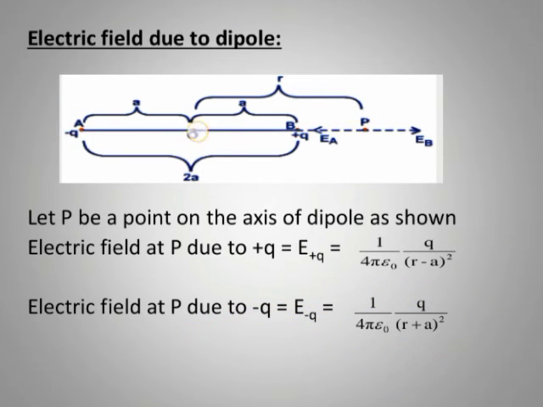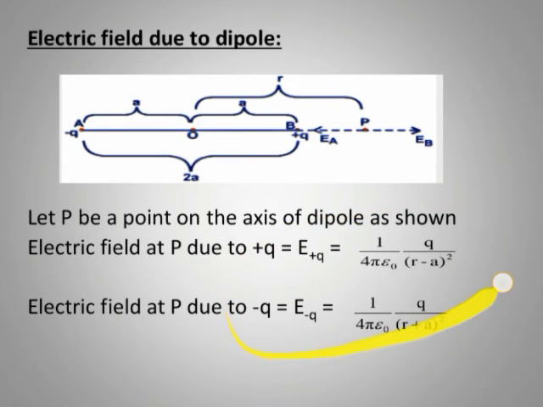From the midpoint to this point, you have got the distance r. And what about the remaining part? It is a. So r plus a. You're understanding, a plus r gives the total length of these two. So you have got 1 divided by 4 pi epsilon naught, q divided by r plus a, the whole square.